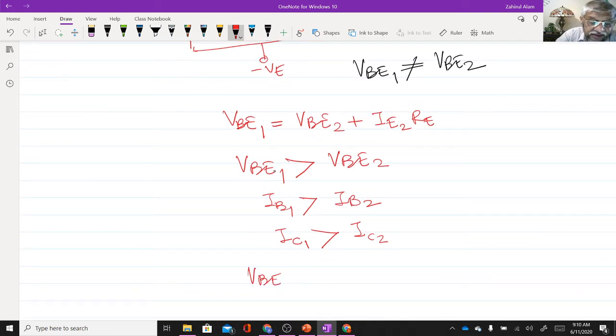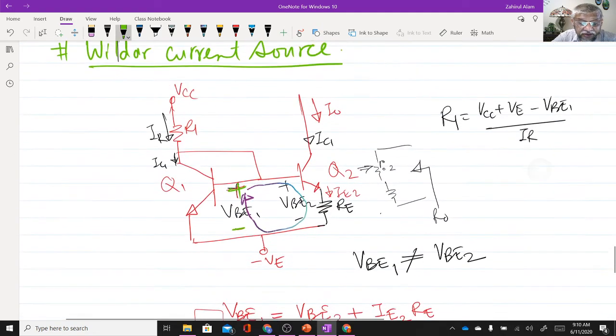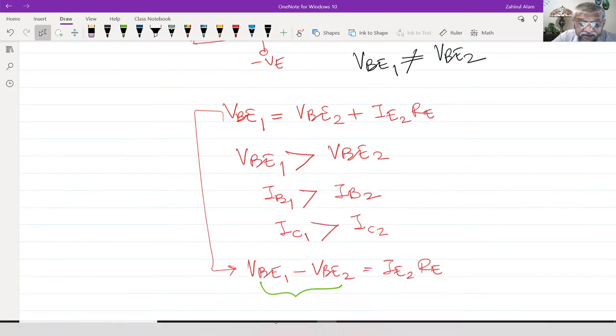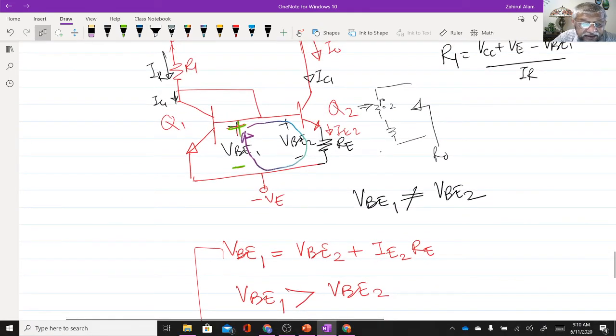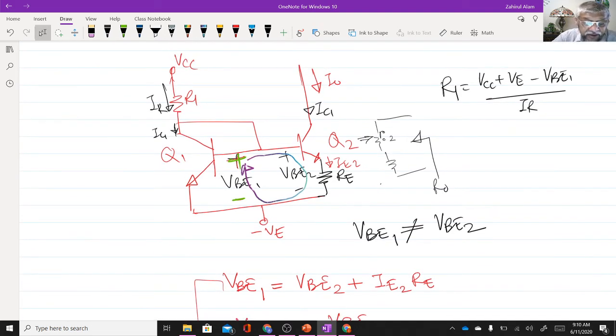And also from this equation we can write VBE1 minus VBE2 is equal to IE2 into RE. So this is the difference between two voltages, and because this is a very complicated analysis, we need to simplify it, assuming negligible base current flowing.